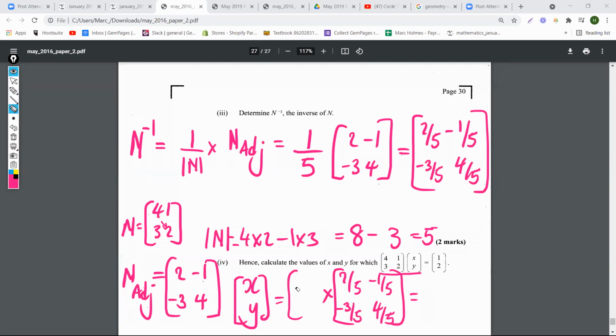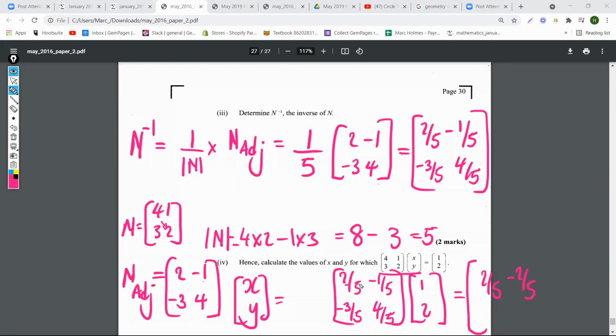But hold on, this needs to be over here. We need to multiply this by 1 and 2, guys. So when we multiply that by 1 and 2 now, we should get row by column. This is equal to 2 over 5 minus 2 over 5.